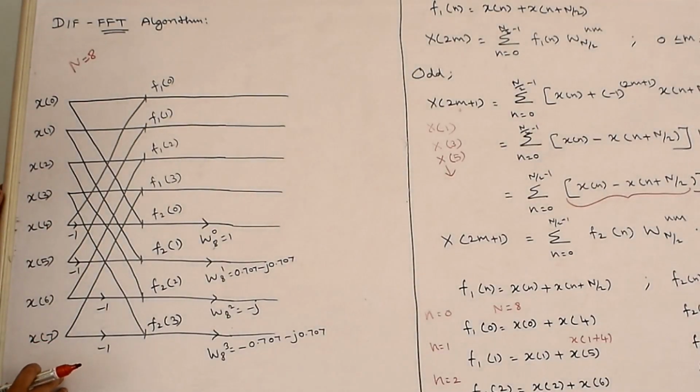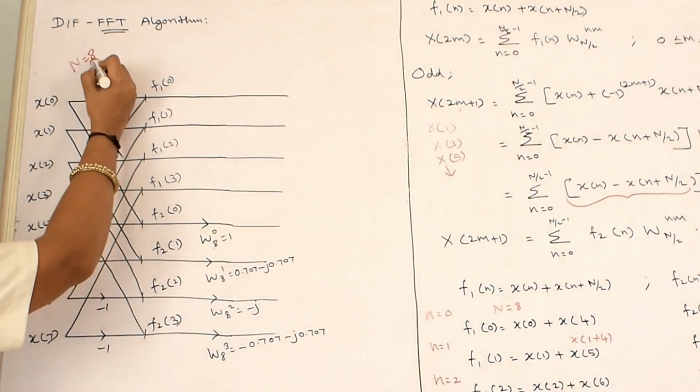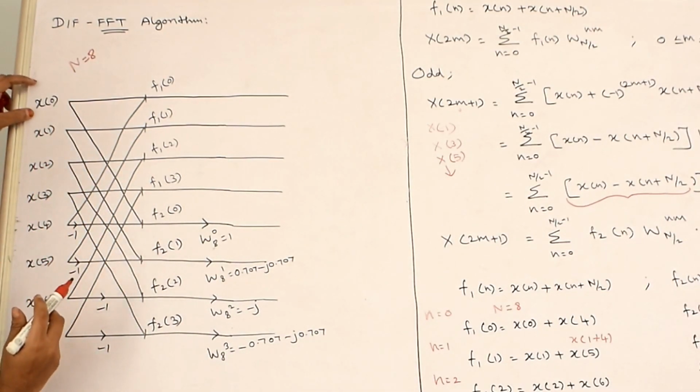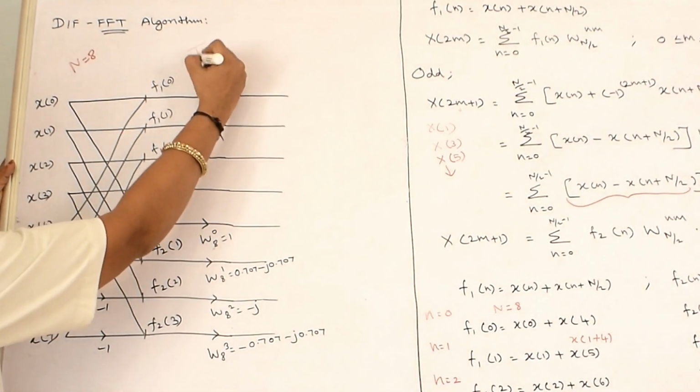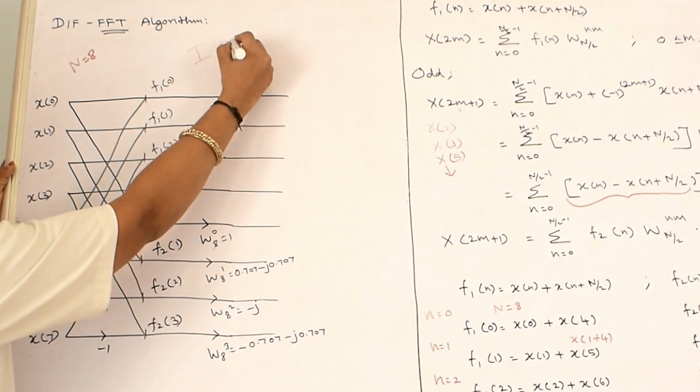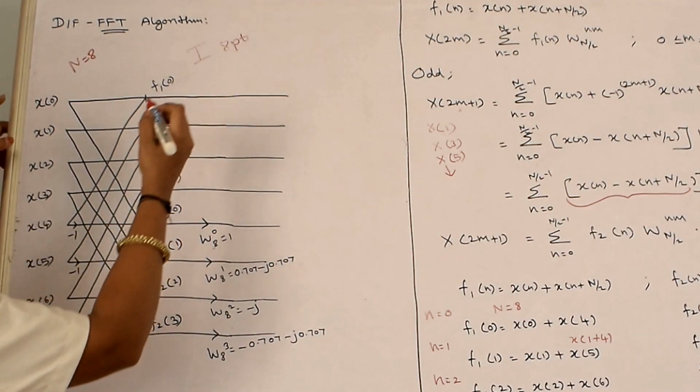So here we will see how to draw the butterfly flow graph for the DIF algorithm using these 8 expressions. Here I am considering N is 8, so I am writing x of 0 to x of 7 for the inputs. This is your first stage of DIF. The first stage will be 8-point DFT.